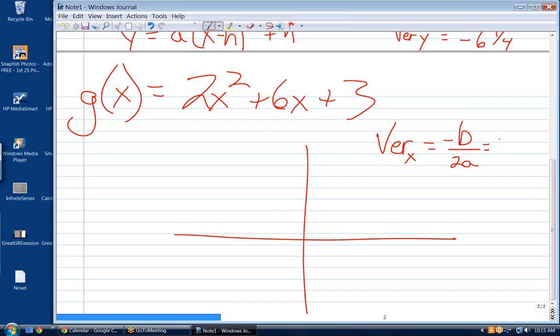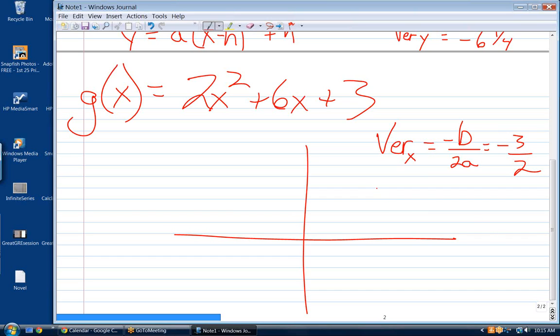What is it? Negative 6 over 2a. Oops, excuse me, I didn't write it correctly. Yeah, negative 6 over 4. So that's the x coordinate.